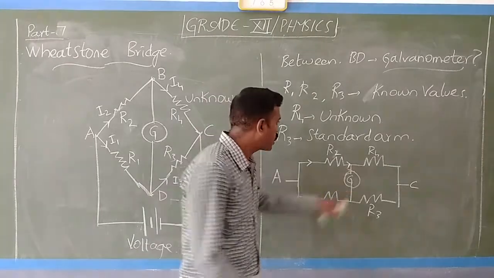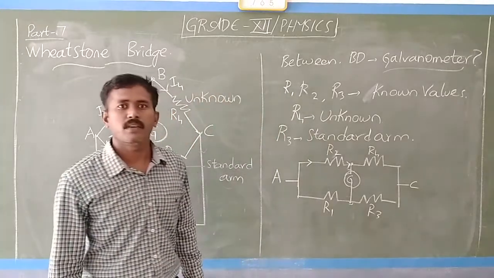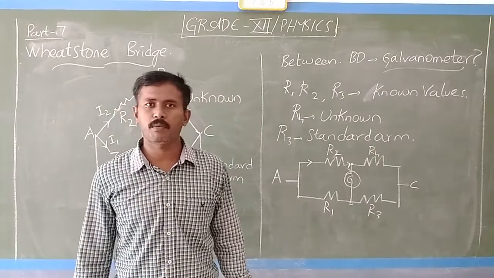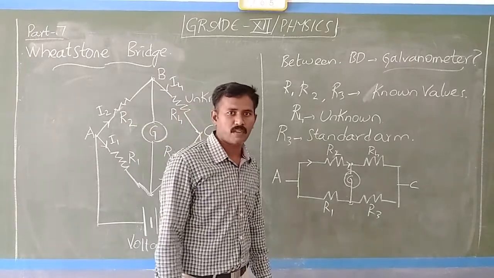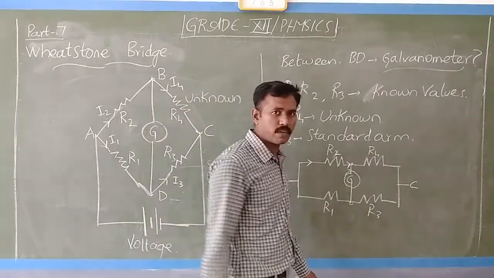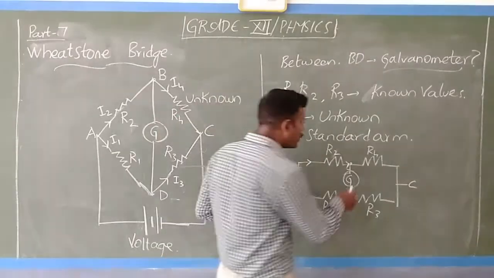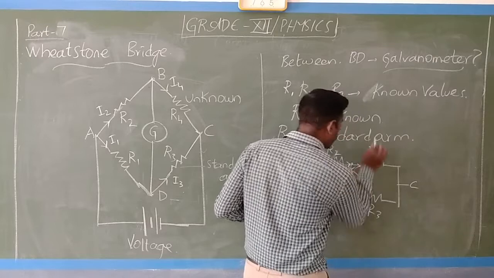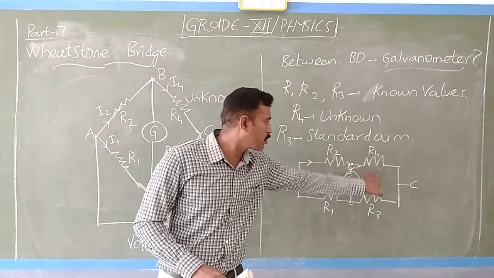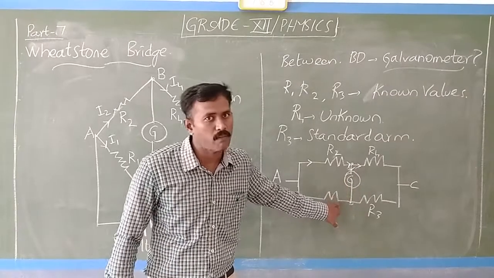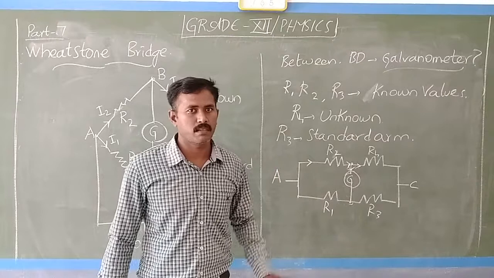If the potential at this point and at this point are the same, there will not be any flow of current. But if there is a potential difference, the current will get divided. It will go here and here also. Some part of the current will go to R4, some part will go to the galvanometer, and the galvanometer gets deflected by some angle.